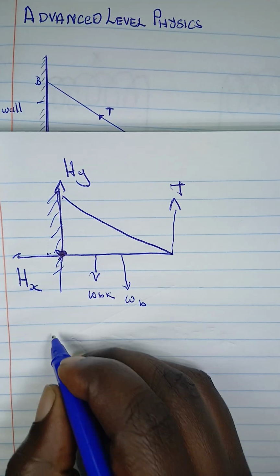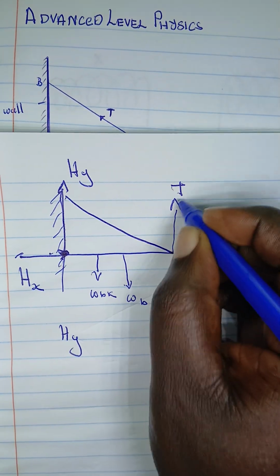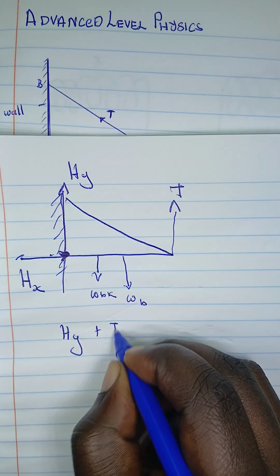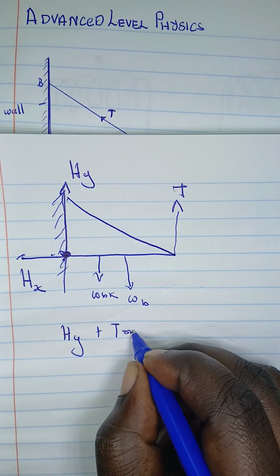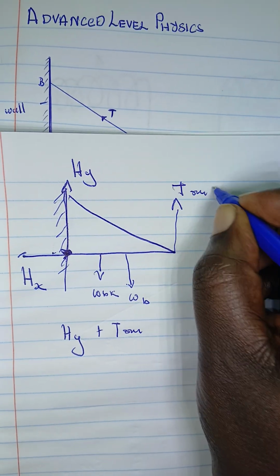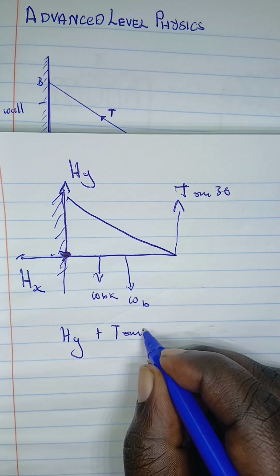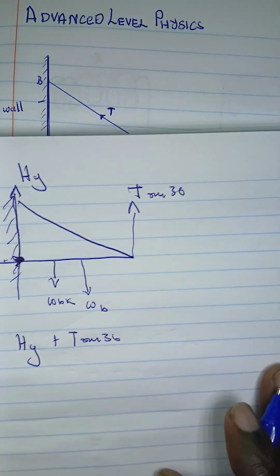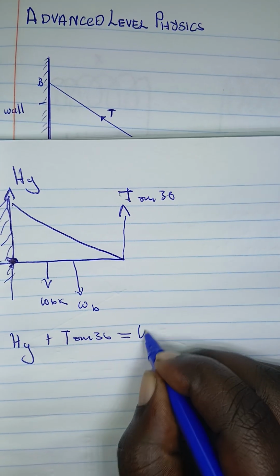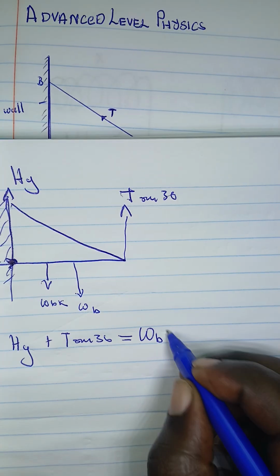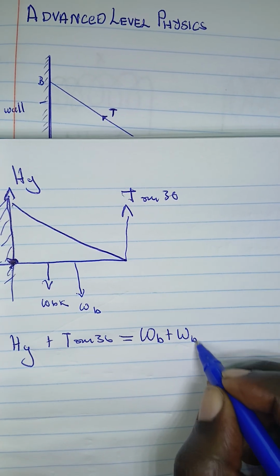So HY plus T sine 36 is equal to WB plus WBK.